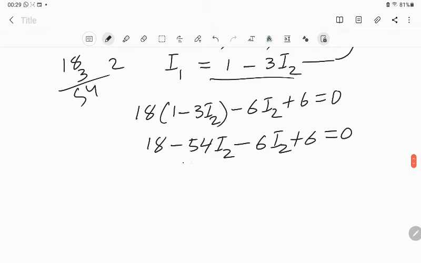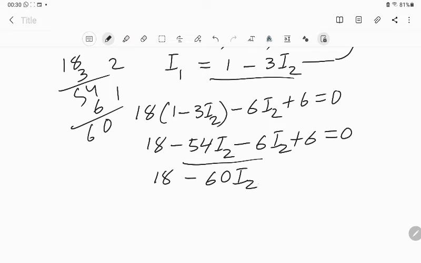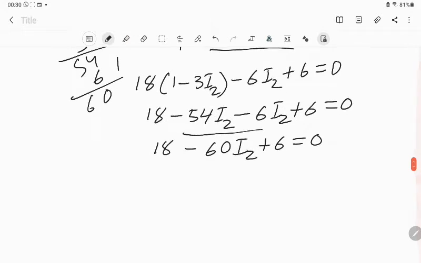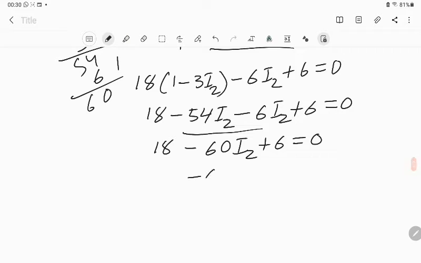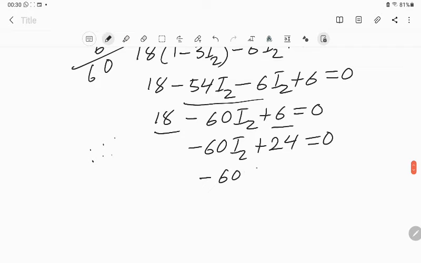Now 54 plus 6 is 60, so minus 60I2 plus 18 plus 6, which is 24, equal to 0. So minus 60I2 equals minus 24.